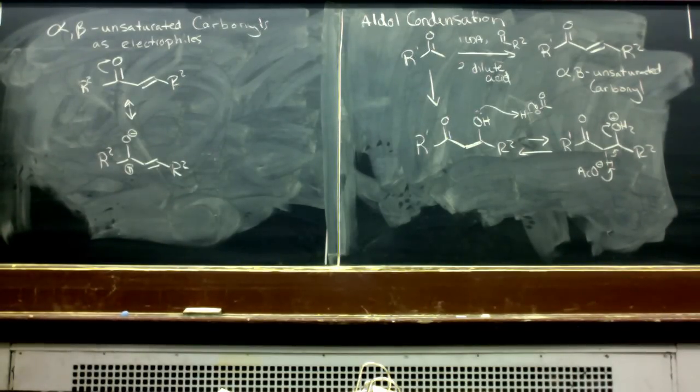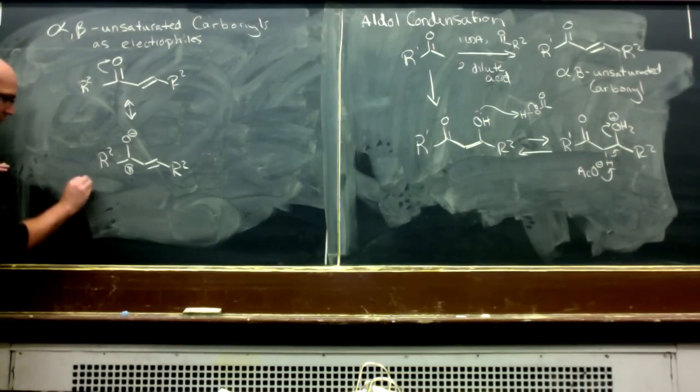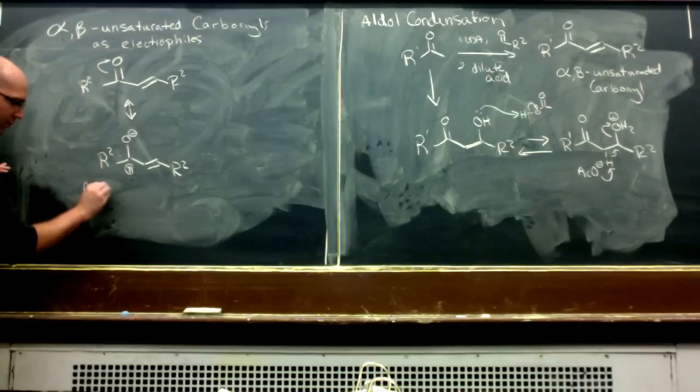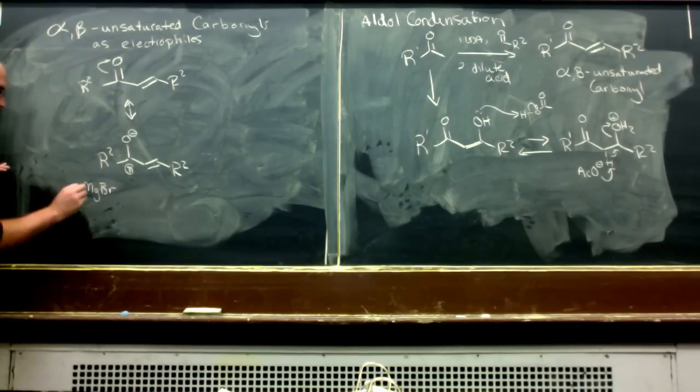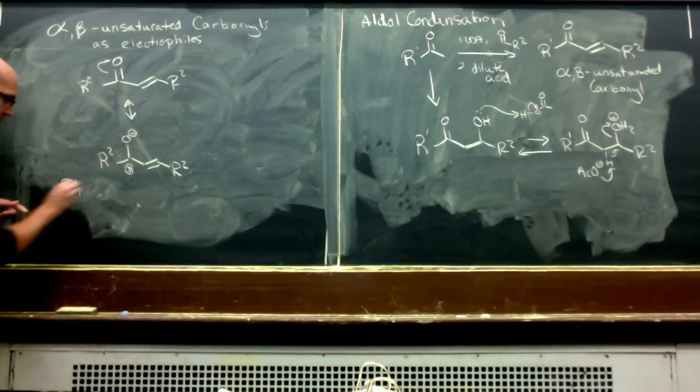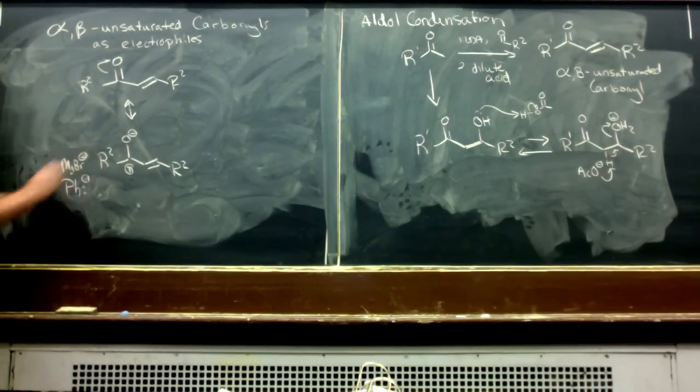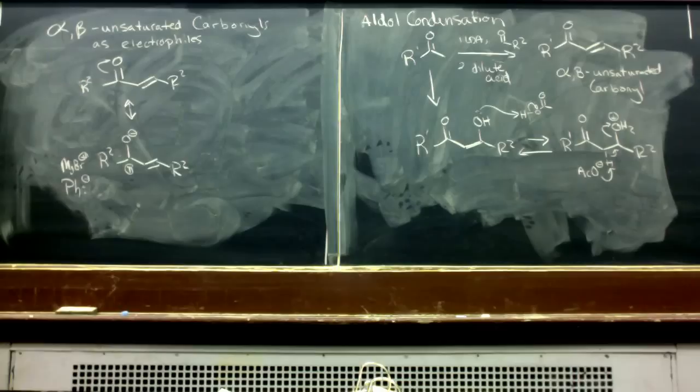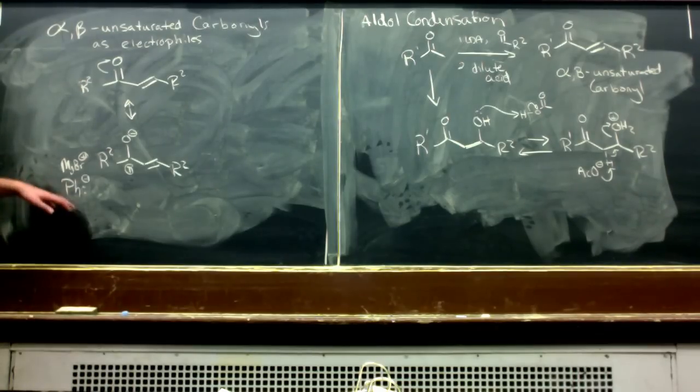And it turns out that if you take a molecule, let's just say phenyl Grignard, and just for arrow pushing purposes, I'll just draw it as the ionic form to see the reactivity, and you treat it with this carbonyl, what's going to happen is you're going to get that addition there.